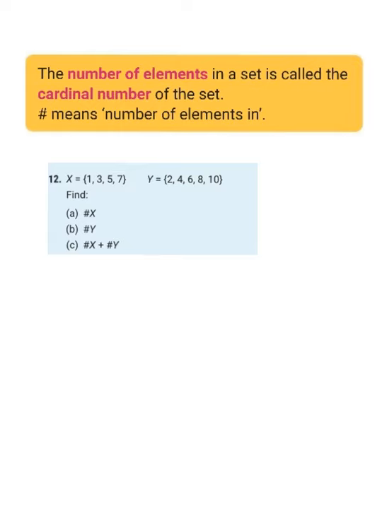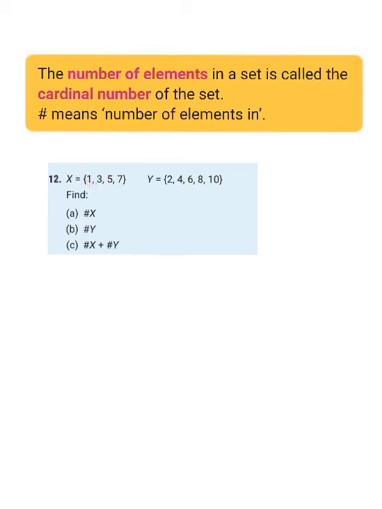So it says X is 1, 3, 5 and 7 and Y is the set 2, 4, 6, 8 and 10. So they're asking you to find, if you look at this one here, the cardinal number of X. So all we do is we count the elements that are in X. So it's 1, 2, 3, 4.